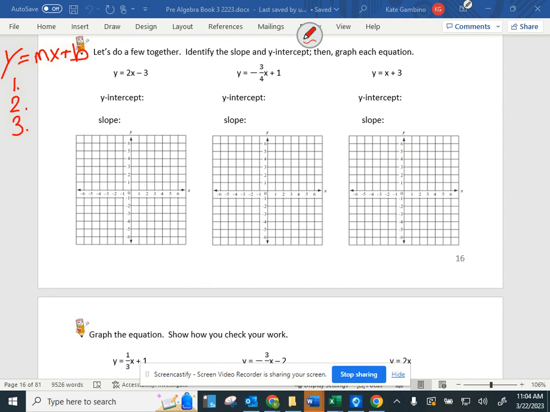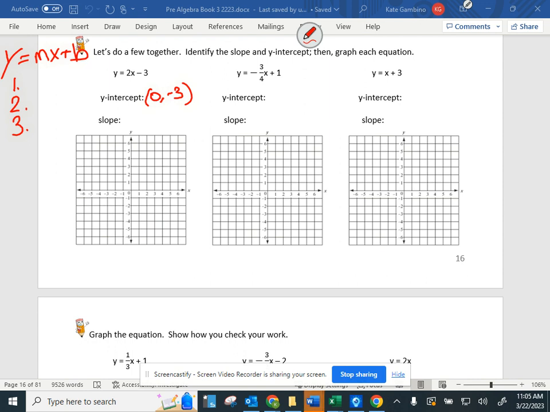What is my y-intercept? Mario, be careful. If it's the y-intercept, remember my complete answer. So we have to put it as our ordered pair. That y-intercept isn't just -3, it's 0, -3, so we can graph it.